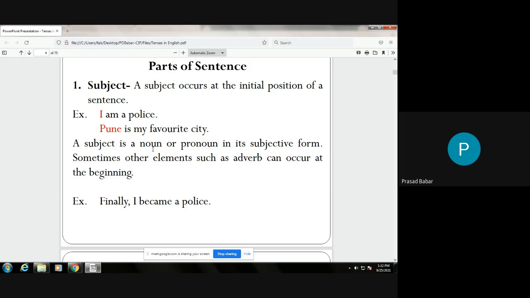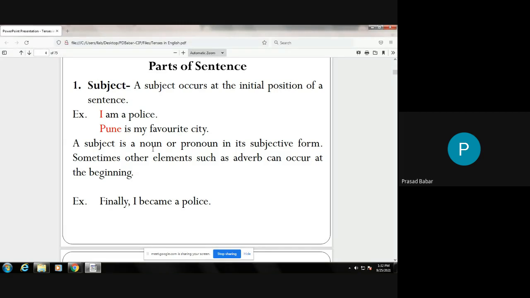So what would be the active and passive voice? Active voice means we are speaking that sentence, the sentence which is spoken by the speaker.